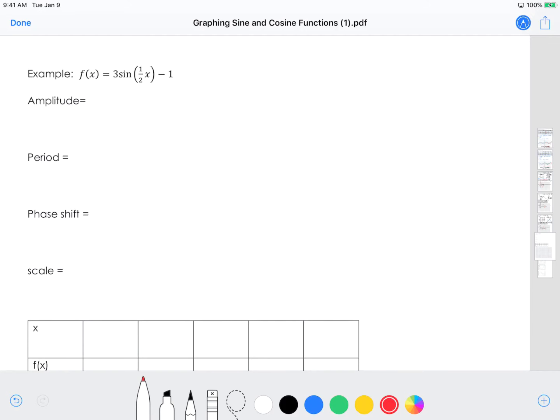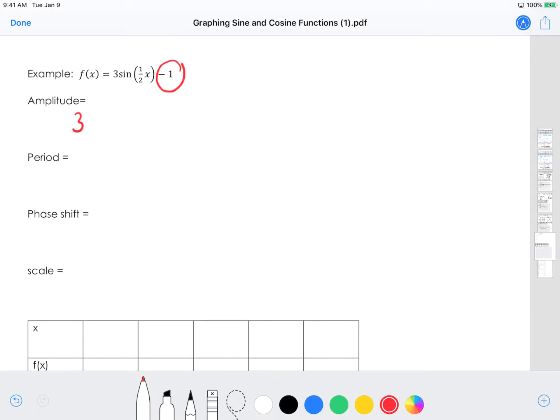Okay, the last example of graphing by hand, notice I wanted to do one that did have a vertical shift. This has a value of d in it. So whatever our points are going to be at the very end, we have to subtract 1 from all our y values and bump everything down 1. So the amplitude in this case is going to be 3.